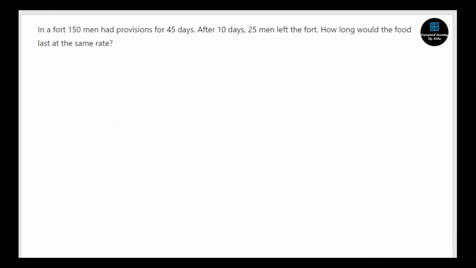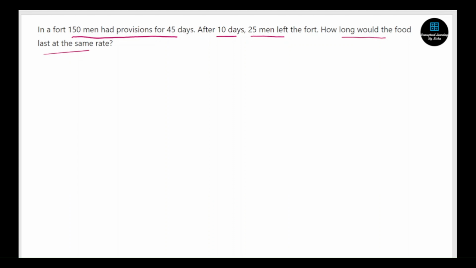See, in a fort, 150 men had provision for 45 days. After 10 days, 25 men left the fort. Then how long will the food last at the same rate? Alright. So see, after 10 days, some men are leaving.